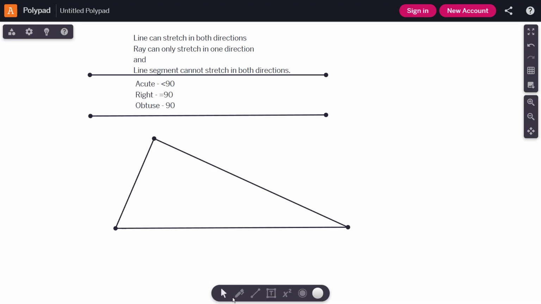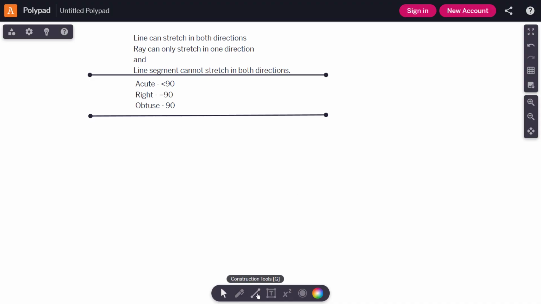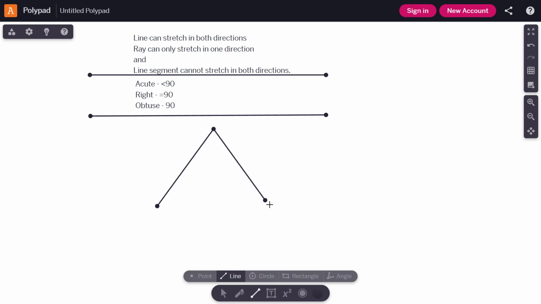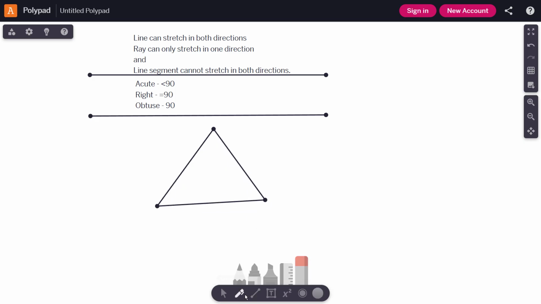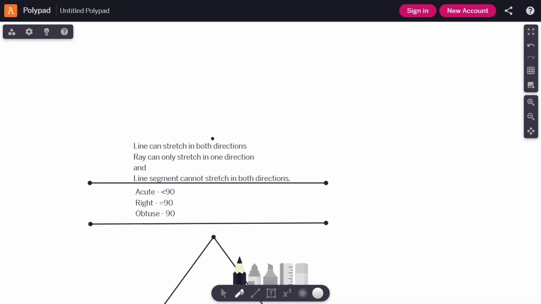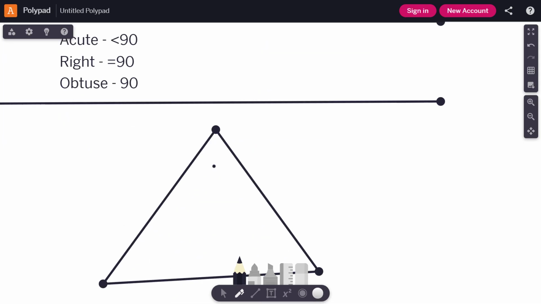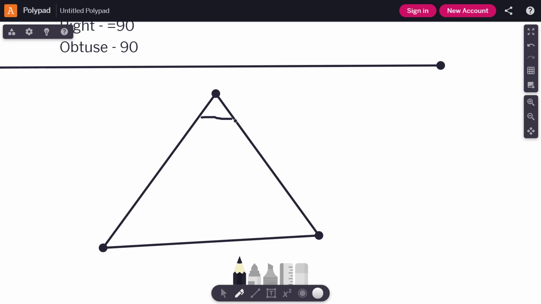For example, don't you think it's weird when we call something an acute triangle or right triangle or obtuse triangle? For example, we have an acute triangle here. Why? Because for this triangle, this angle is less than 90, which is acute.